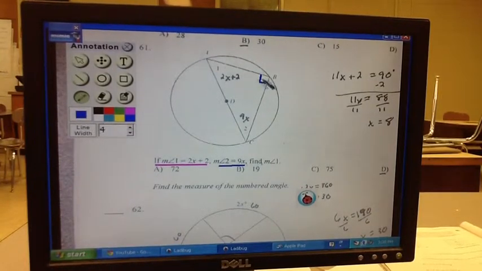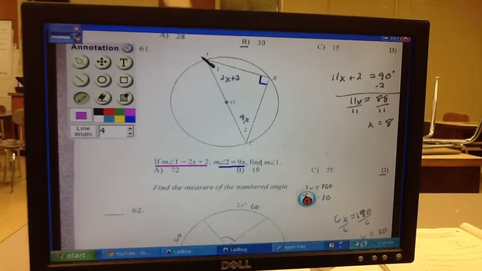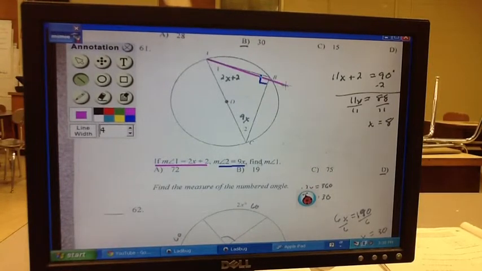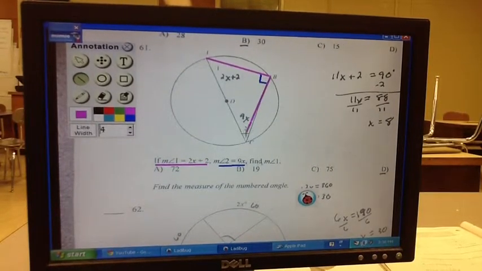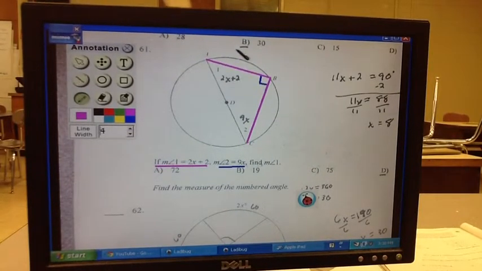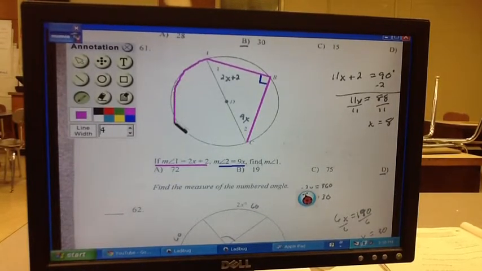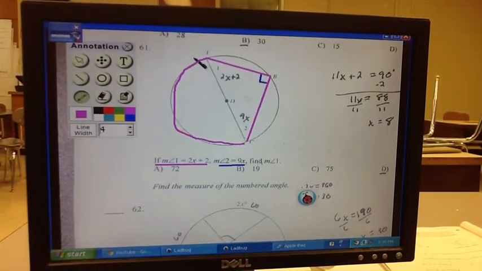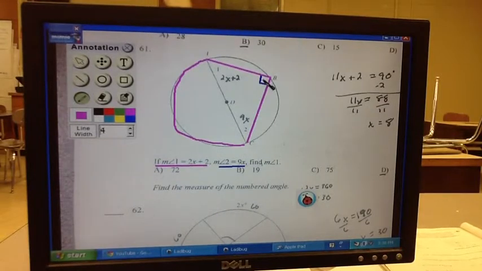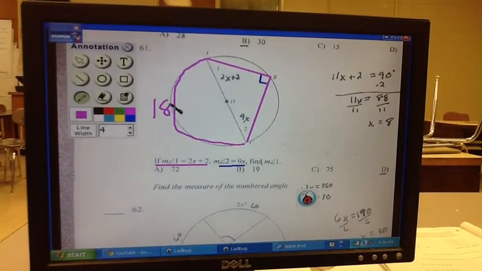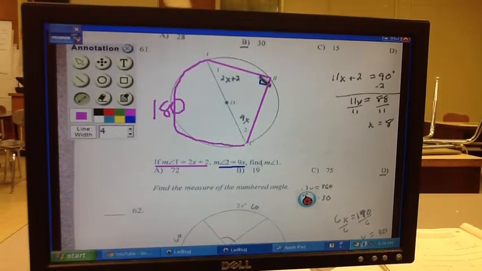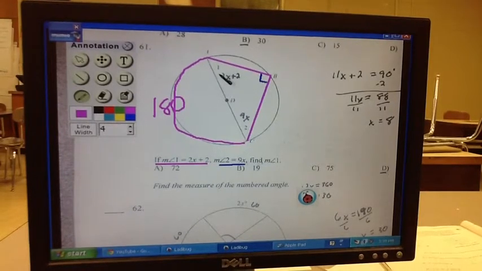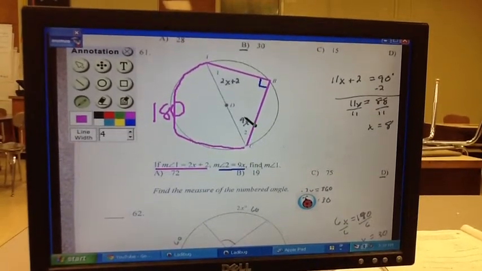How do we know? Because that angle there, if we look at what that angle makes as related to the circle, it makes a semicircle, and we know that's 180 for the semicircle, divided by 2 gives us this angle of 90. So we know these two angles added together should actually be 90.